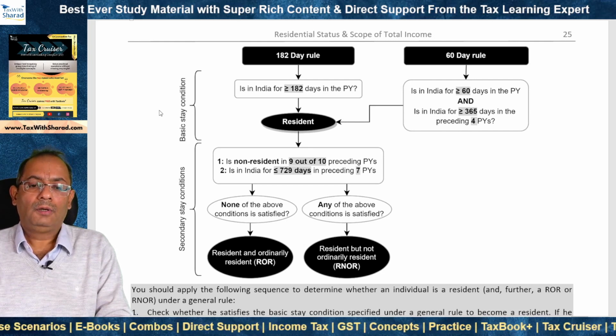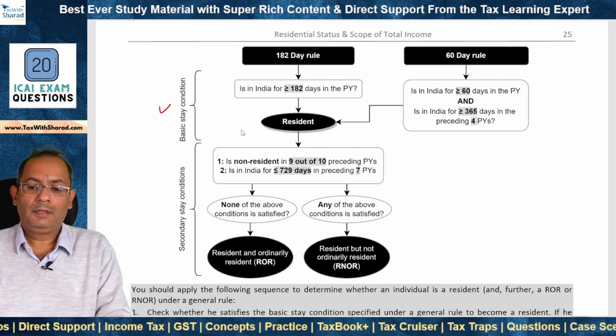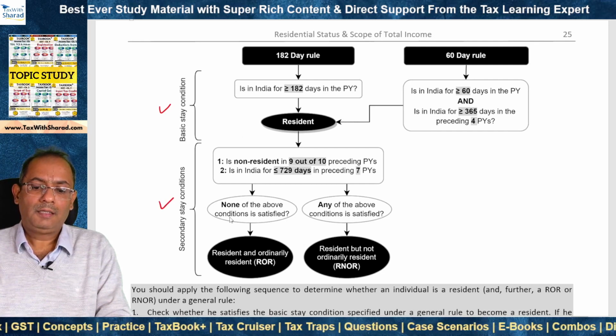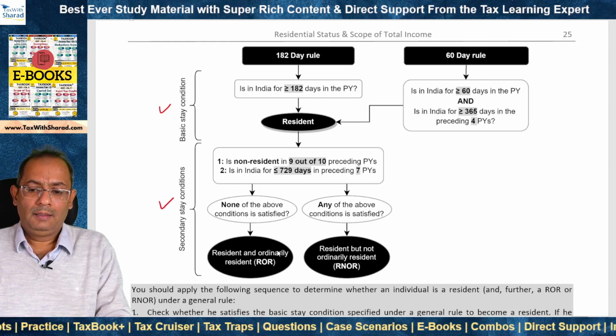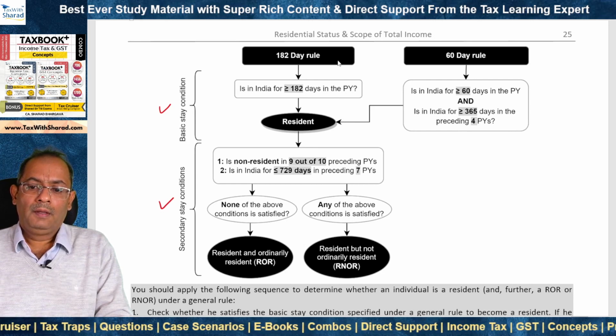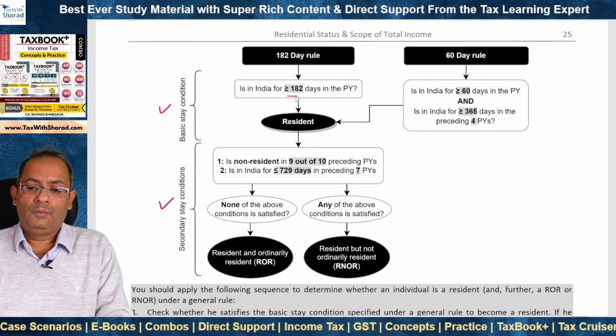And just like we saw in the special rules, there are basic stay conditions to determine whether a person will be a resident. Once a resident, then we need to check the secondary stay conditions to determine the classification as ROR or RNOR. Under the 182-day rule, the threshold is 182 days.